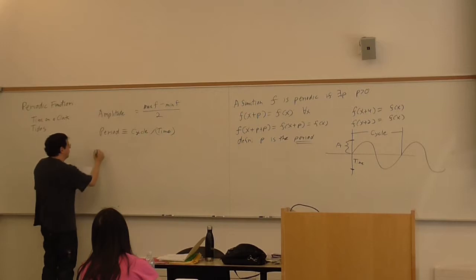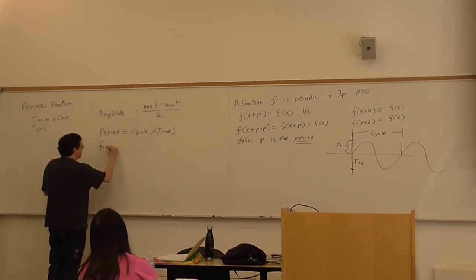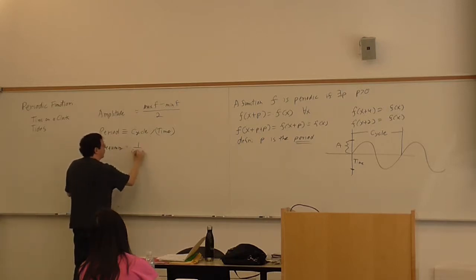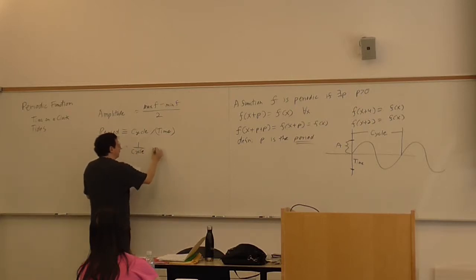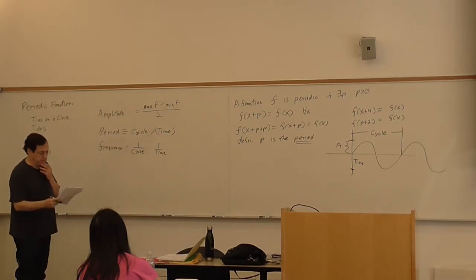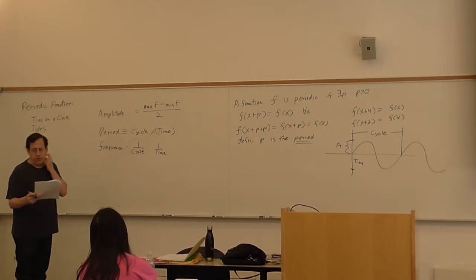And then we have something called frequency, which is kind of 1 over a cycle. So it has the units of 1 over time. We'll use the term frequency, again, whenever it's time-based.